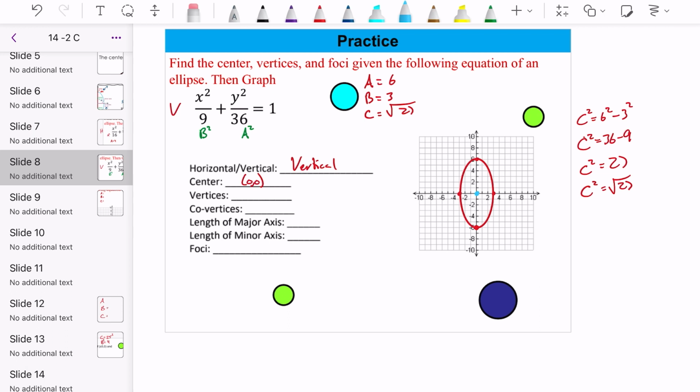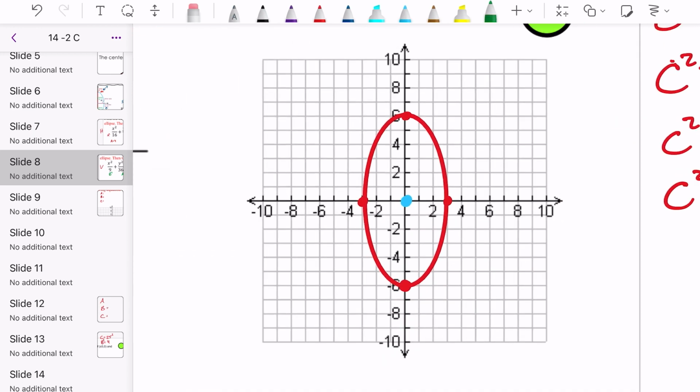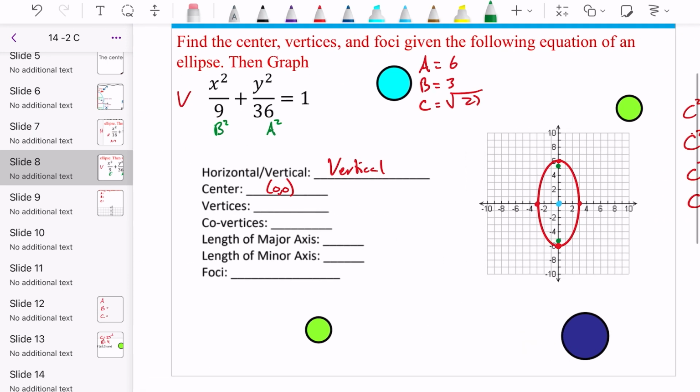In this case, 25 would be your better answer when it comes to it being closer to the square root of 27. So we're going to be slightly above our 5 number. You would go ahead and mark that off, slightly above 5. That's where our foci would be.